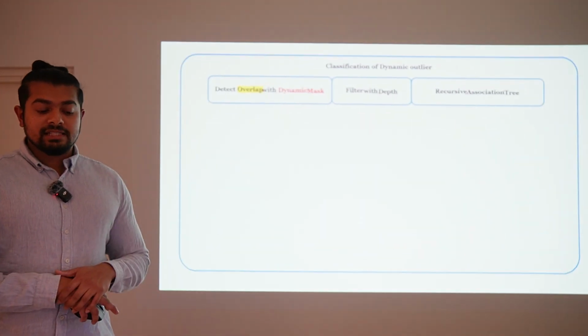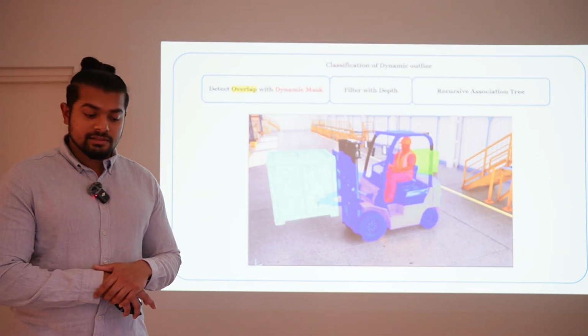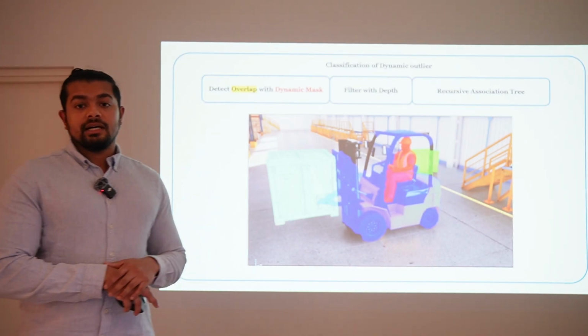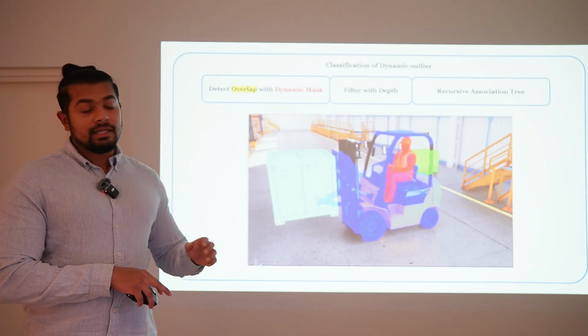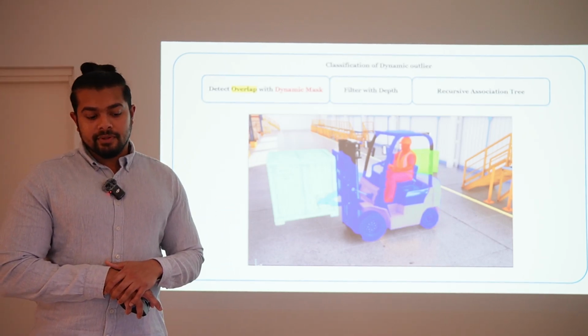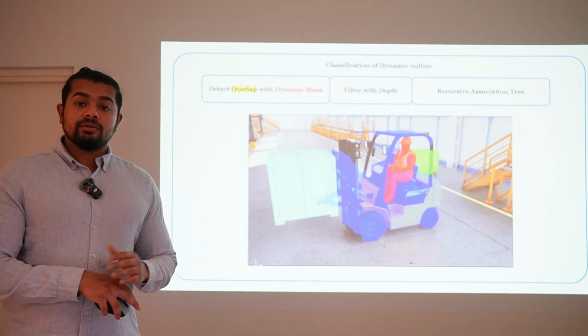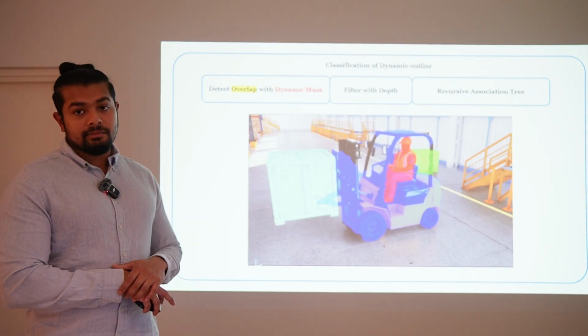Next, we classify the dynamic outlier among the detected potential dynamic objects. We start with a true dynamic object. In this case, it is the human in the image who is also masked in red. Next, we try to detect the overlap of this mask with the other detected masks.